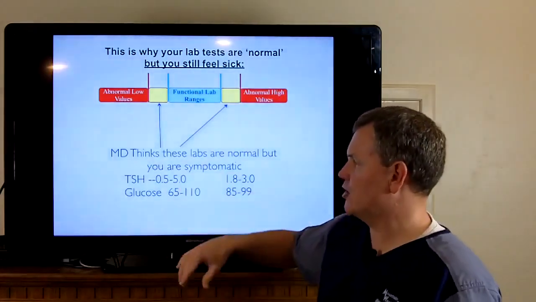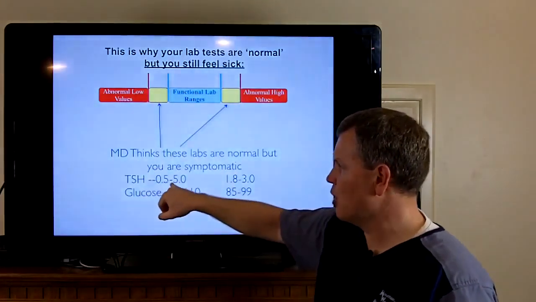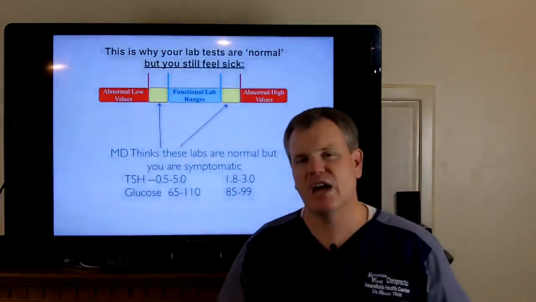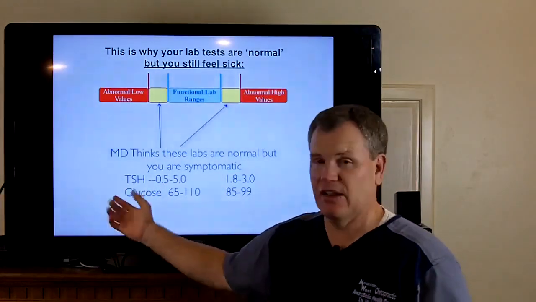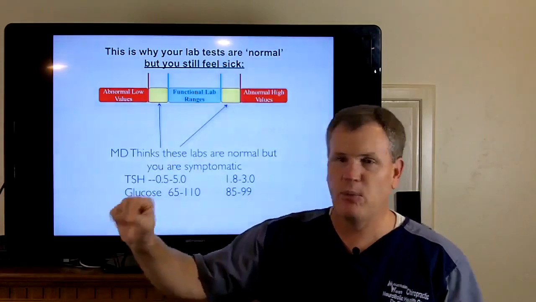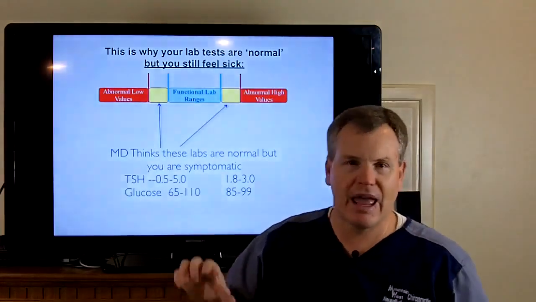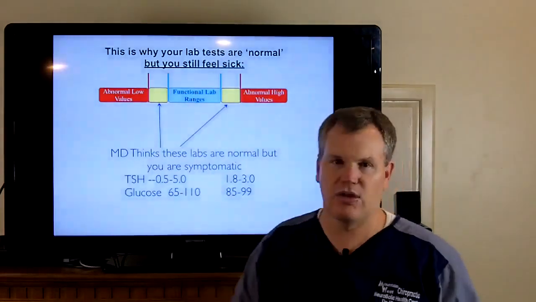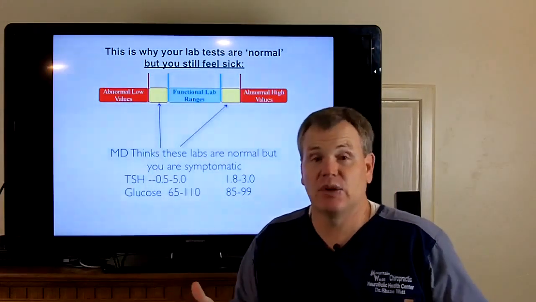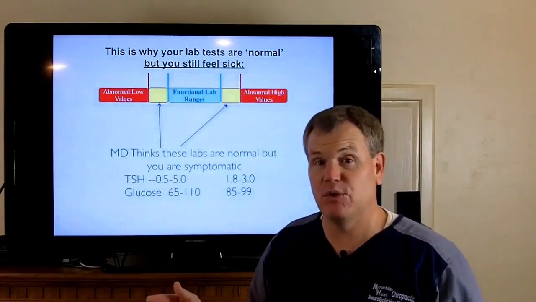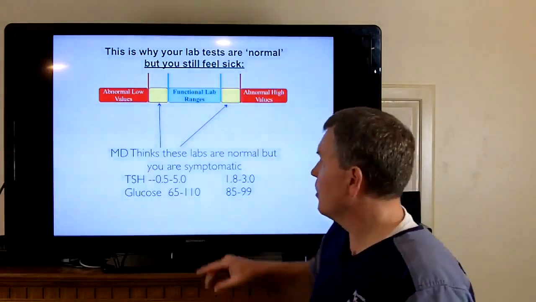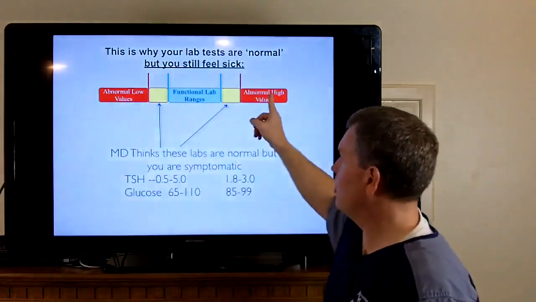So when you go to your doctor, like a simple example, TSH, most areas about 0.5 to 5.0. Now that can vary. ABC lab, it can be 0.5 to 5.0. XYZ lab, it can be 4.85 to 5.36. It just varies depending on the lab you go to and their ranges. But everyone knows the abnormal ranges.